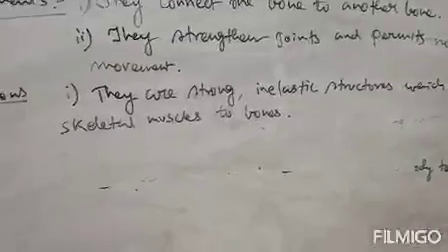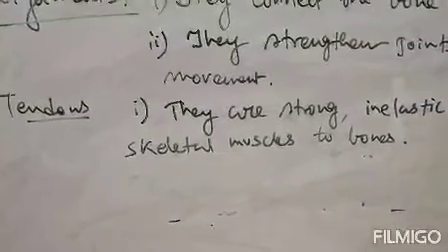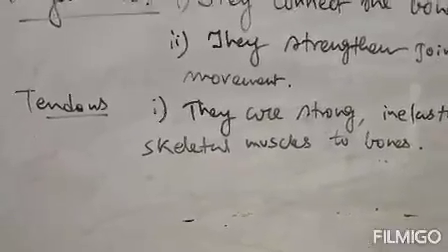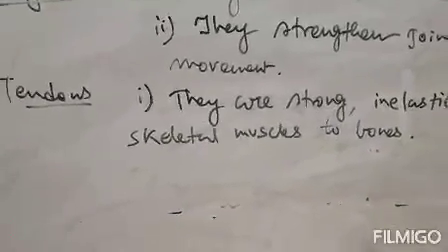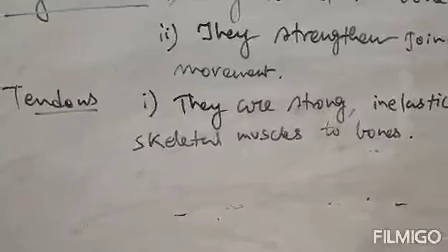Tendons are strong, inelastic structures, they join skeletal muscles to bones, and they are composed of white fibrous tissues with limited flexibility. They have limited flexibility but great strength.